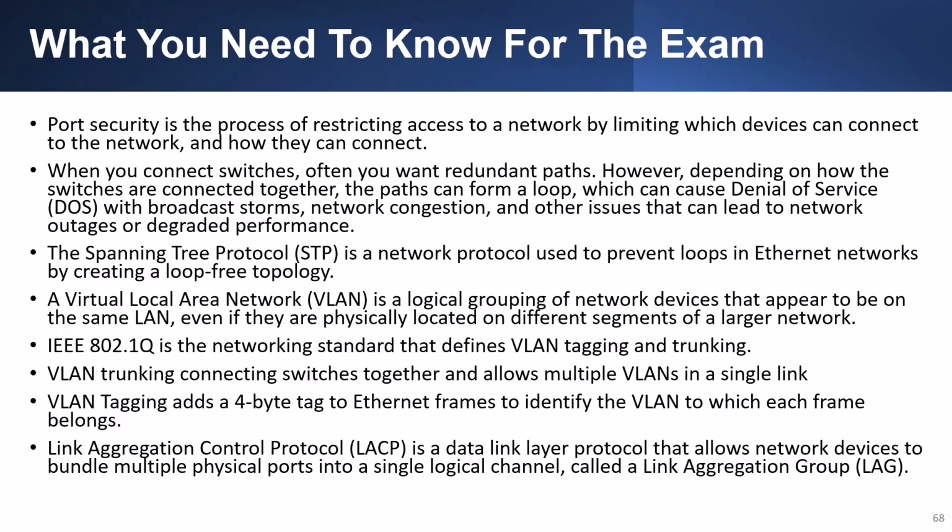The Spanning Tree Protocol, or STP, is a network protocol used to prevent loops in Ethernet networks by creating a loop-free topology. A virtual local area network, or VLAN, is a logical grouping of network devices that appear to be on the same LAN, even though they're physically located on different segments of a larger network.